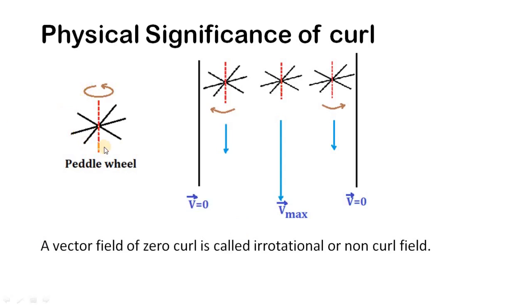Now this is the schematic diagram of a paddle wheel, and this red line represents the axis of the paddle wheel. Let us consider a water stream of rectangular cross section, and here water is flowing from this side to this side.